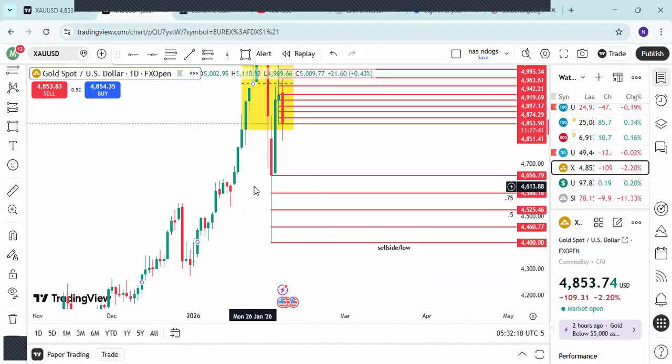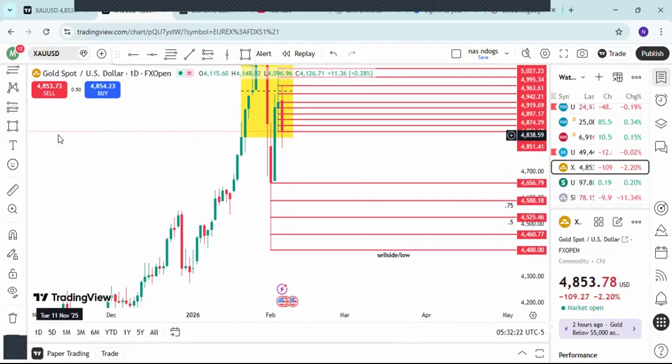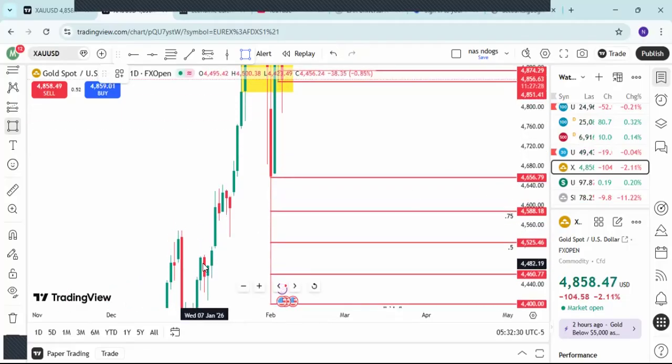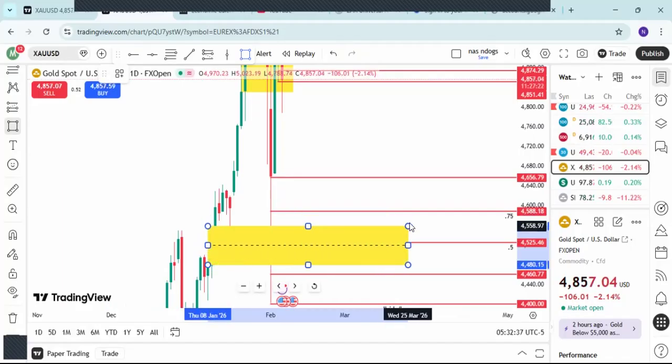So here the draw, basically, we're gonna look at the market coming in initially. We want to see bodies in here.